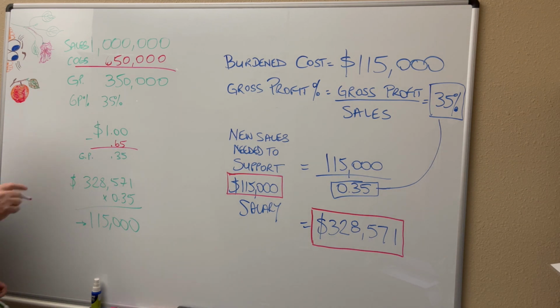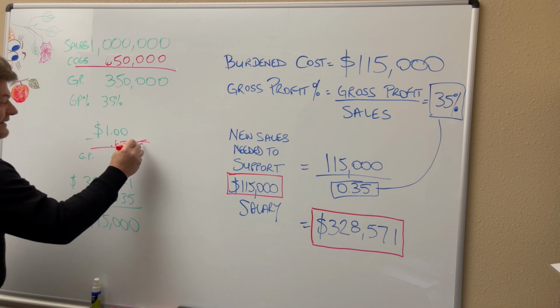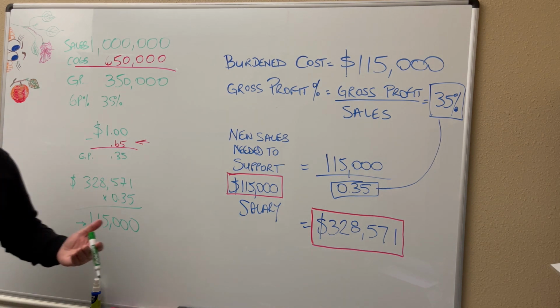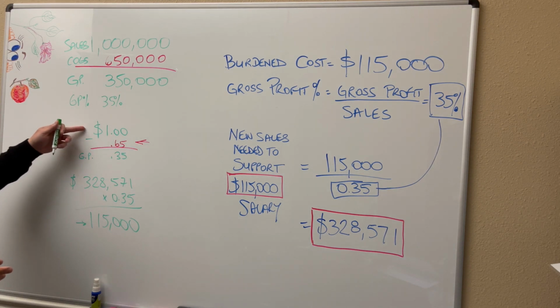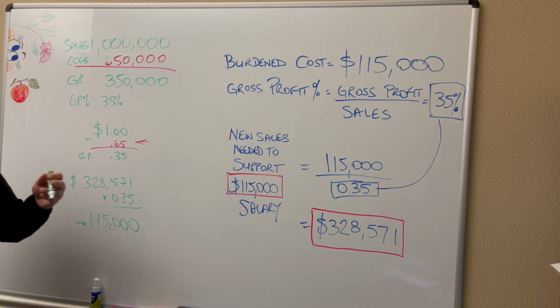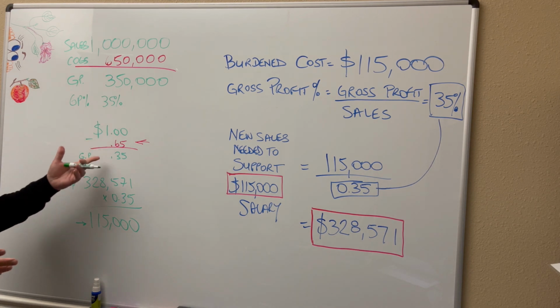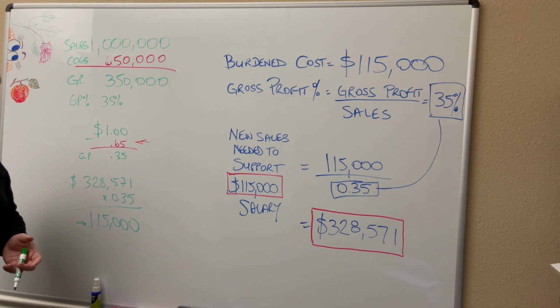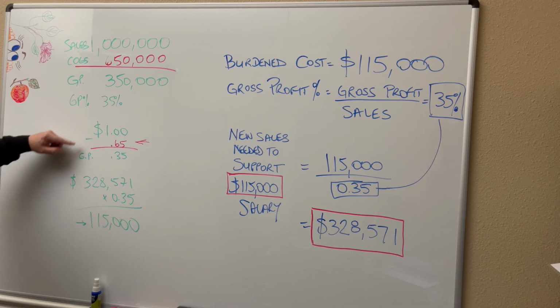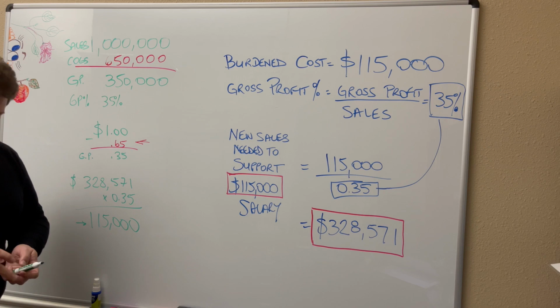So, again, cost of goods sold, we can't use that from our collections. This is gone. It's gone to produce the product. It's gone to produce the service. The only thing that we can do is use our remaining gross profit to pay for that employee. So for $1 worth of sales, we really only have 35 cents in our example to use for any expenses, and whatever's left over is our profit.